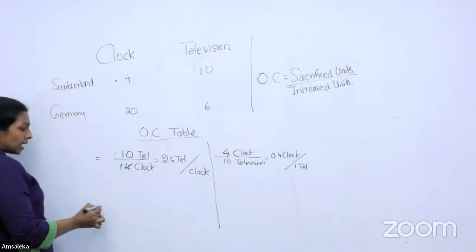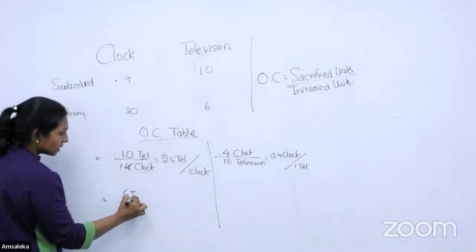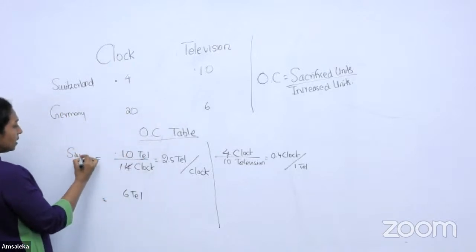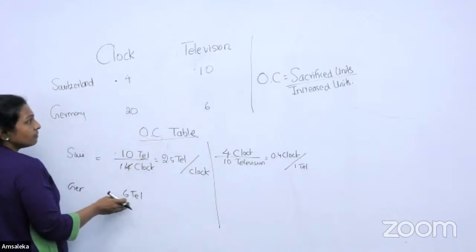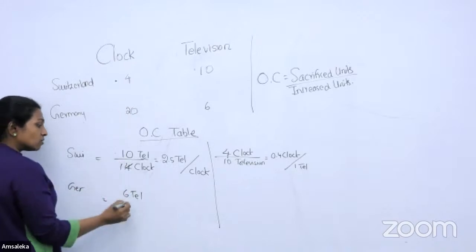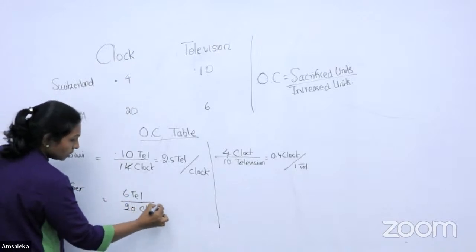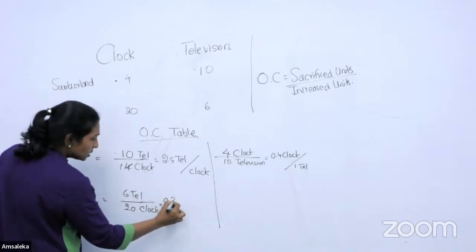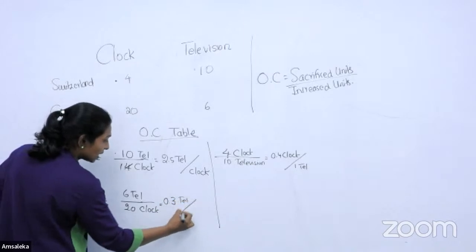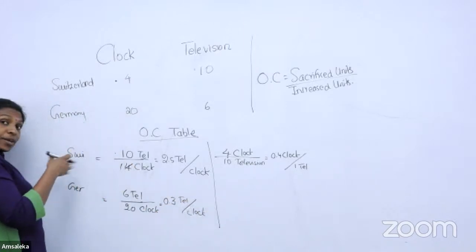So you are doing it country-wise. Likewise, Germany: 6 television is sacrificed to produce 20 clock. Therefore, to produce 1 clock, 0.3 television is sacrificed. Opportunity cost, first I am doing by country.